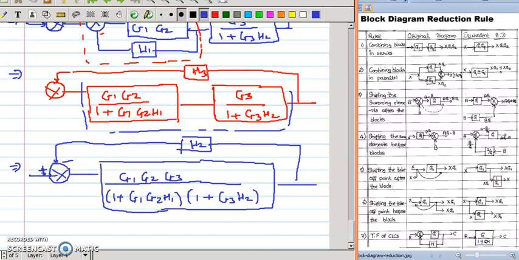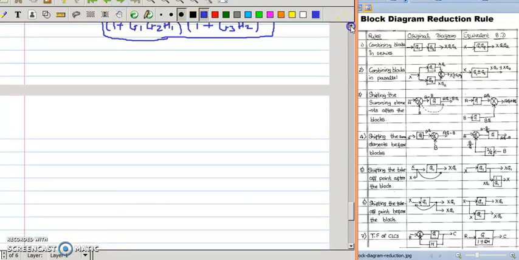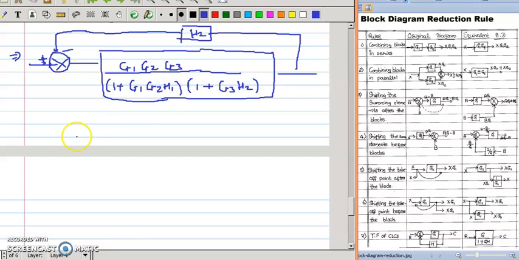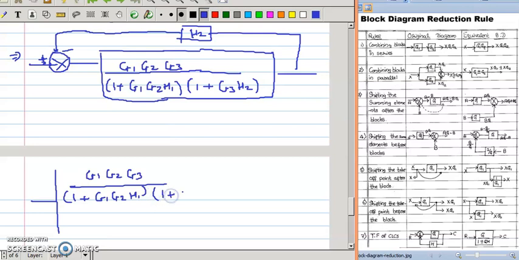Now in the last step, what to do? Let's move on to the next page. In the last step, again elimination of feedback loop. If the block becomes very big, the forward block is G1 G2 G3 whole divided by first bracket 1 plus G1 G2 H1, second bracket 1 plus G3 H2, right?